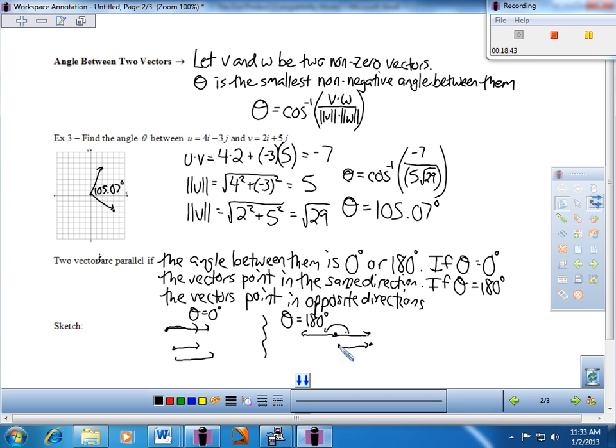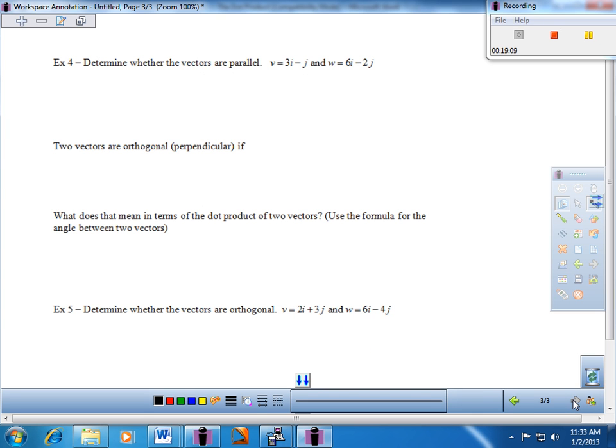If I translate that one down, now you can see they're parallel. By touching them, you see the angle is 180 degrees between them, but in essence, they're parallel, going in opposite directions. Hope that description helps. We'll do an example to check that out momentarily and go on to the next.